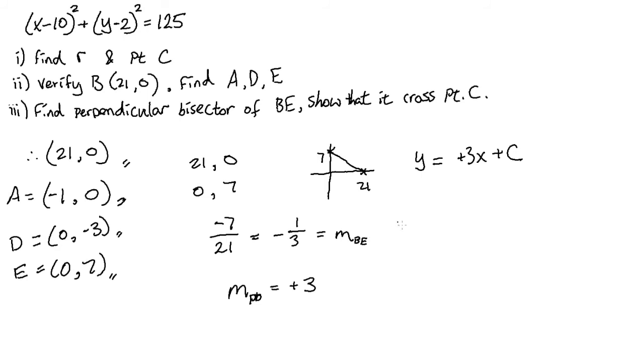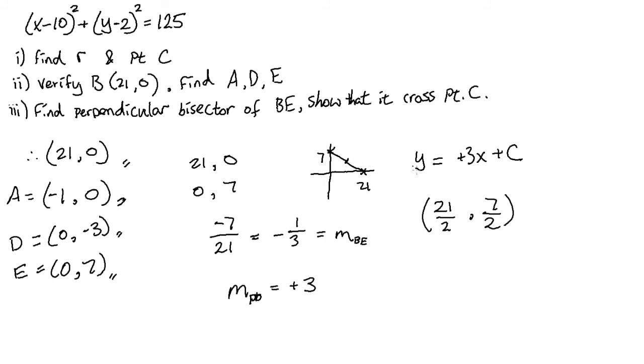To do that, you need to find the midway point, which is just half the change of x value from the center, which is 21/2 and 7/2. That is the point where it is at the midpoint.